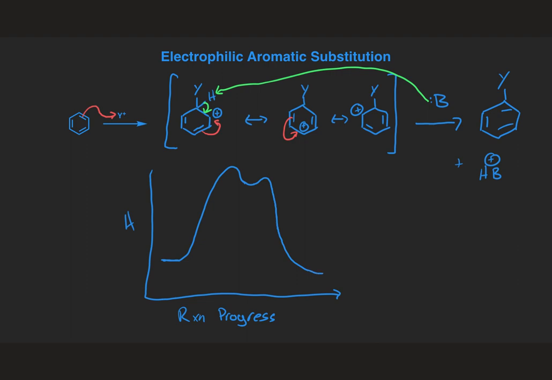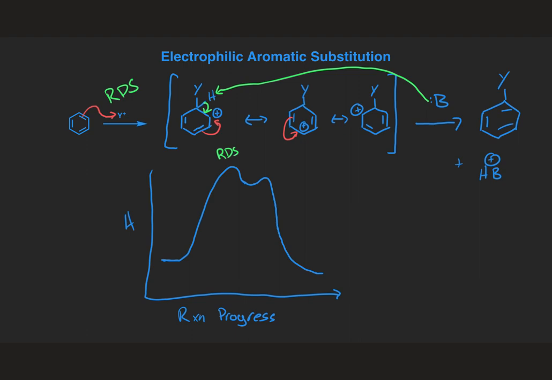And the product and reactant are not very far apart because they're both aromatic. And so, again, the rate determining step is this first step, and that is equivalent to this transition state.